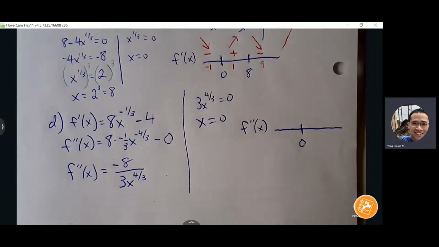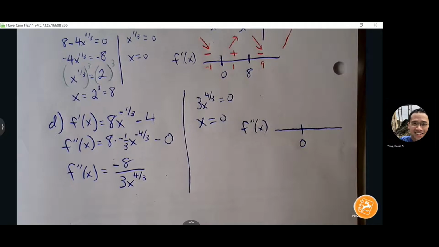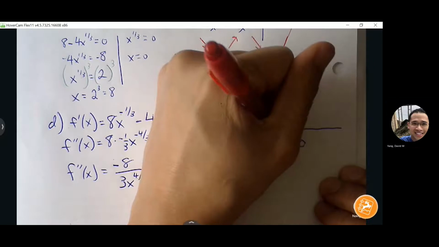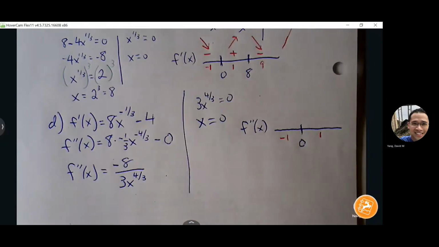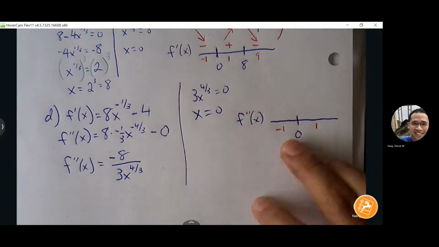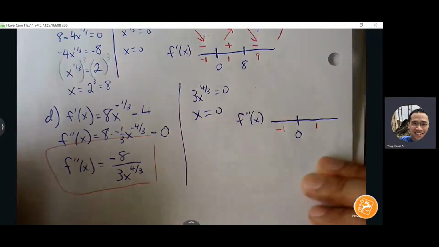Okay, we choose values in each subinterval. Test it against the second derivative function. -1.